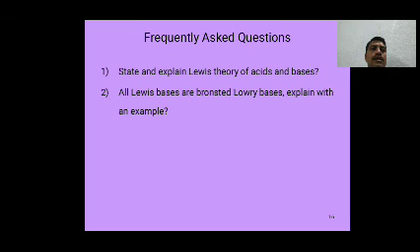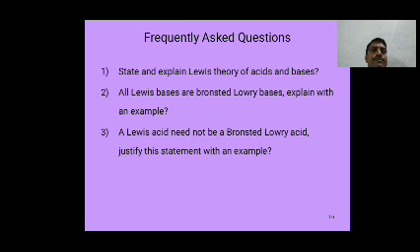A proton acceptor is called a Bronsted-Lowry base. A Lewis acid need not be a Bronsted-Lowry acid; justify this statement with an example. A Bronsted-Lowry acid donates a proton to another substance.